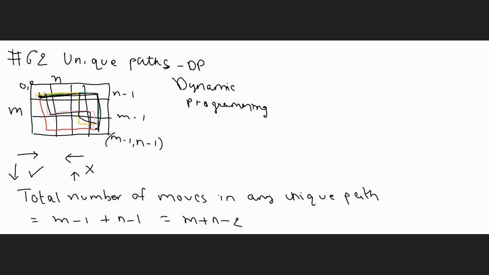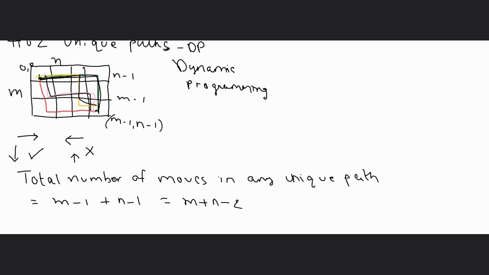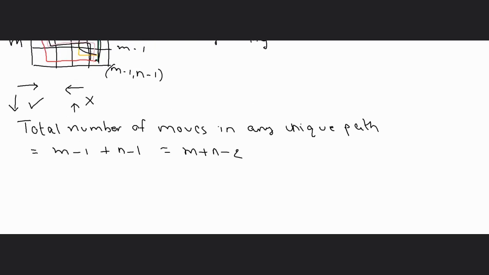Now how can we find how many unique paths we have? So if you remember, if I am giving you n students and I ask you how many ways you can choose k students from the given n students, what is that?